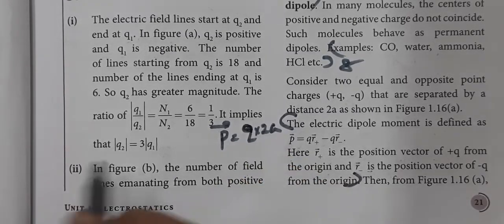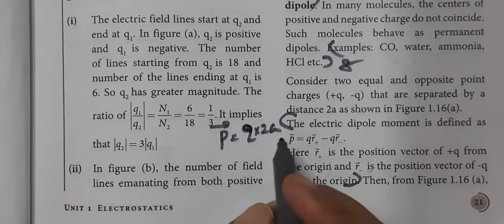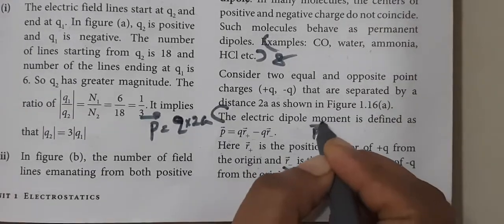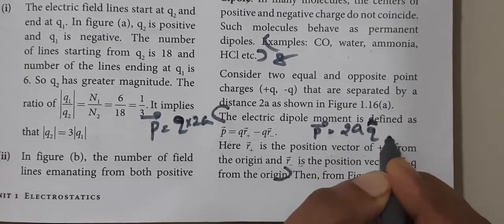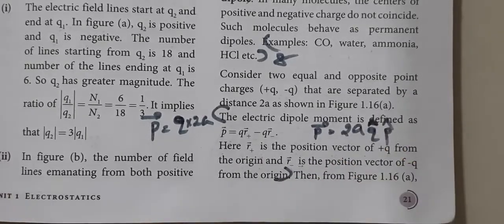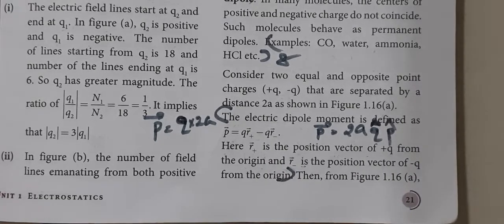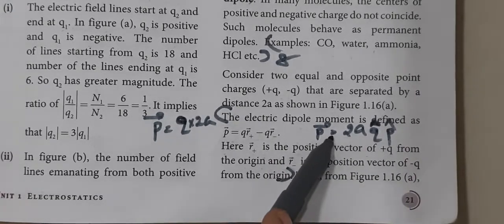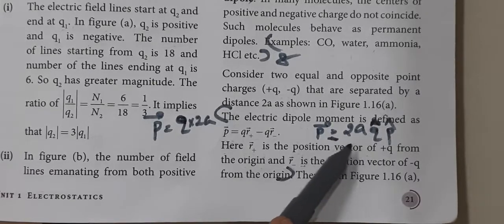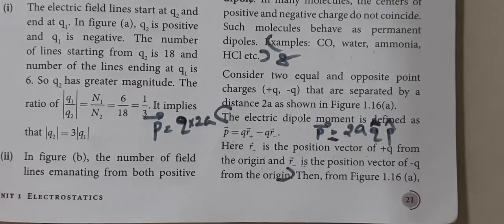Okay, we know that P vector equal to 2AQ into P cap. So this is the product of one of the charges and the separation between them. In such a way you can write. So what is the general definition of electric dipole moment?